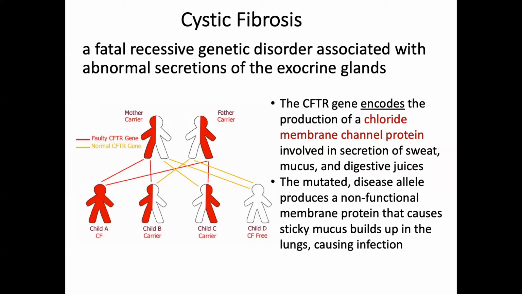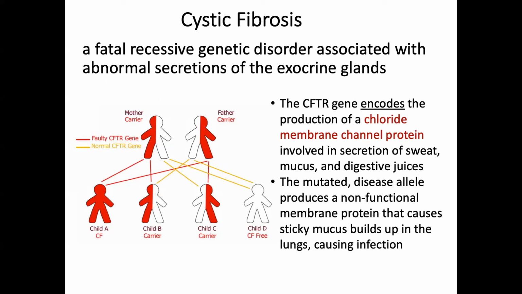If the CFTR gene has mutations, it may produce a non-functional membrane protein, leading to sticky mucus building up in organs such as the lungs. Cystic fibrosis is an autosomal recessive disorder, meaning cystic fibrosis occurs only when both alleles are mutated.